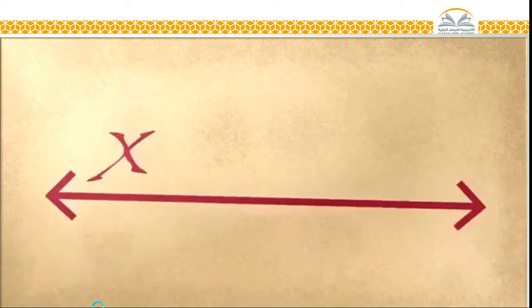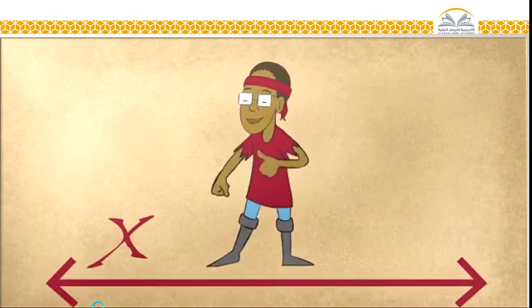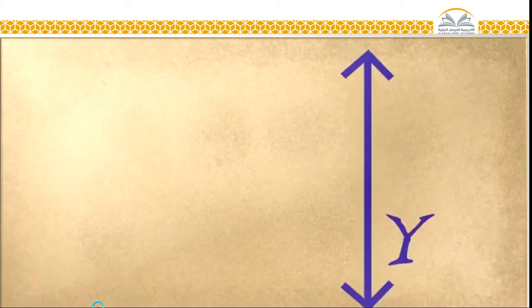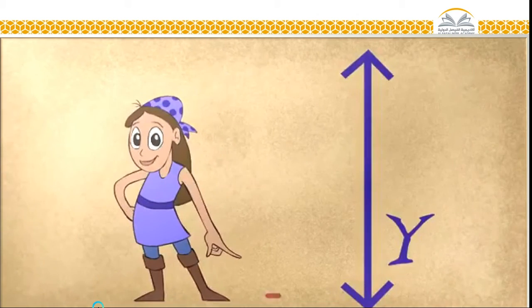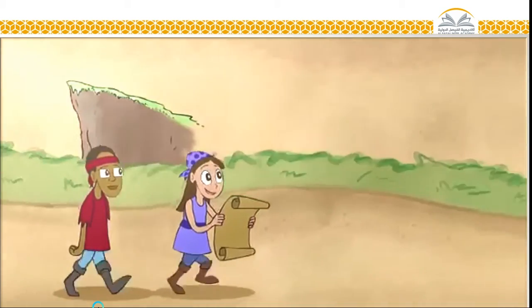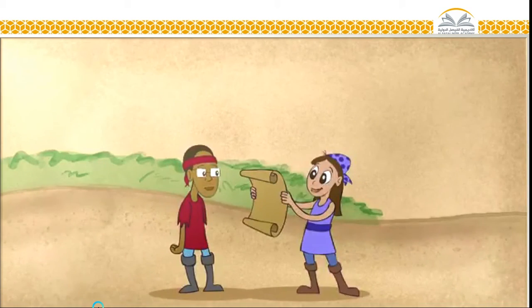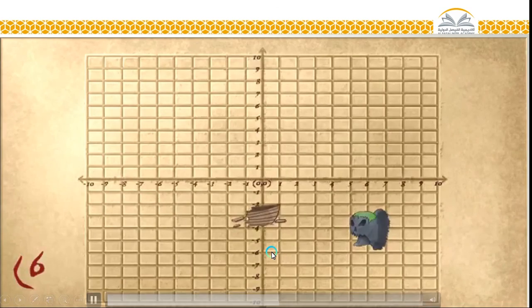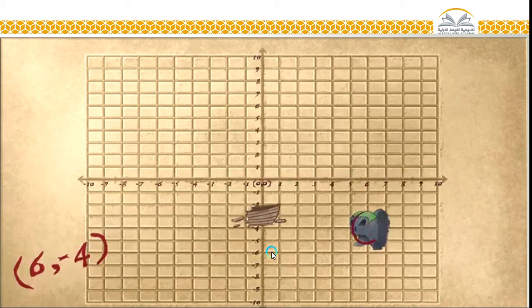On the x-axis, count left or right; on the y-axis, count up or down. That's how a coordinate point is found. To plot +6, -4, go right 6, down 4. Let's do one more with the ordered pair 0, -3.